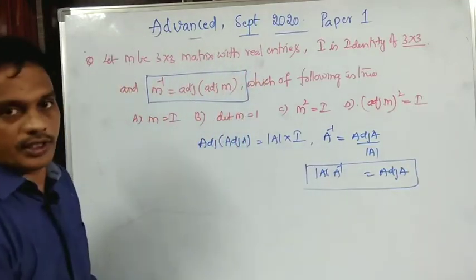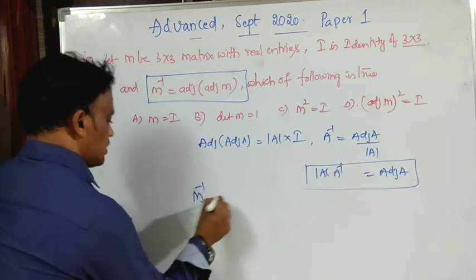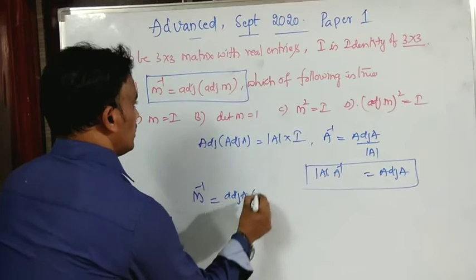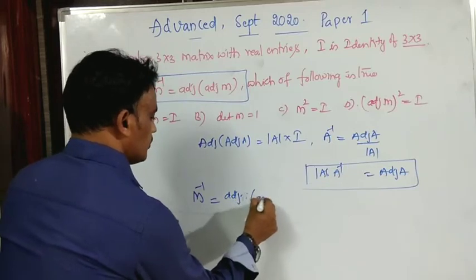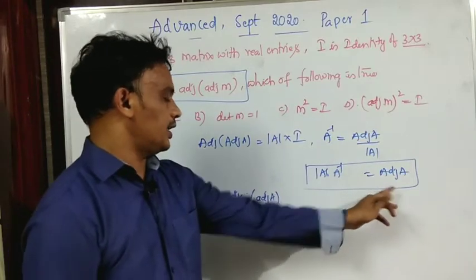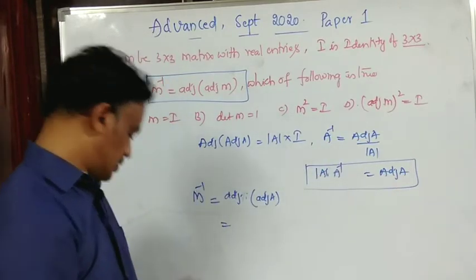Coming to this, M inverse equals what they have given, adjoint of adjoint A. So what is adjoint A? Det A into A inverse.